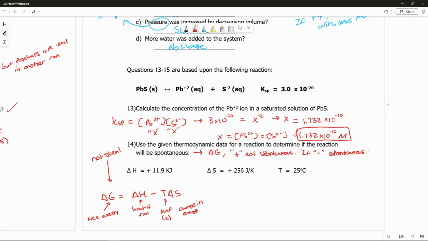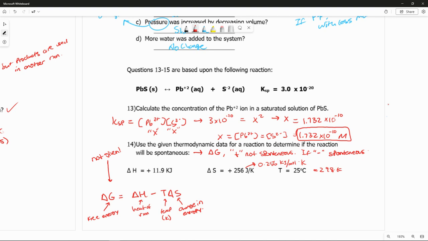With this information, we have everything, but we have to make sure they're all in the same units. We want temperature in kelvins, so we convert using C plus 273 equals Kelvin. Add 273 to 25, and you get 298 Kelvin. And this is in joules, but we want it in kilojoules, so all we have to do is divide it by 1,000, and you get 0.256 kilojoules per mole times K.